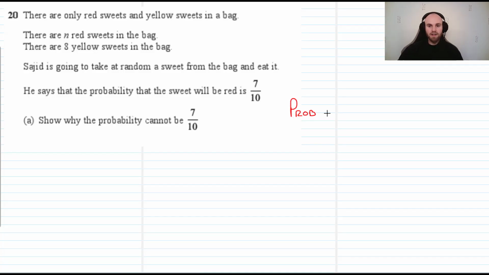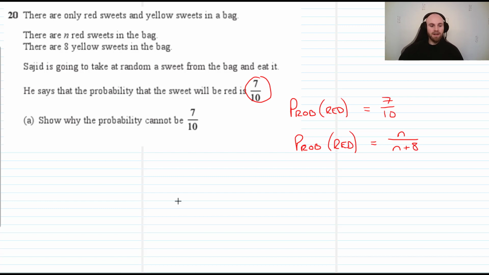We're given this in the question, it says 7 out of 10. But also, the probability of red is going to be, well, we have n number of red sweets. So if we pick one out of the bag, it's going to be n over n plus 8, as we have 8 yellow sweets.